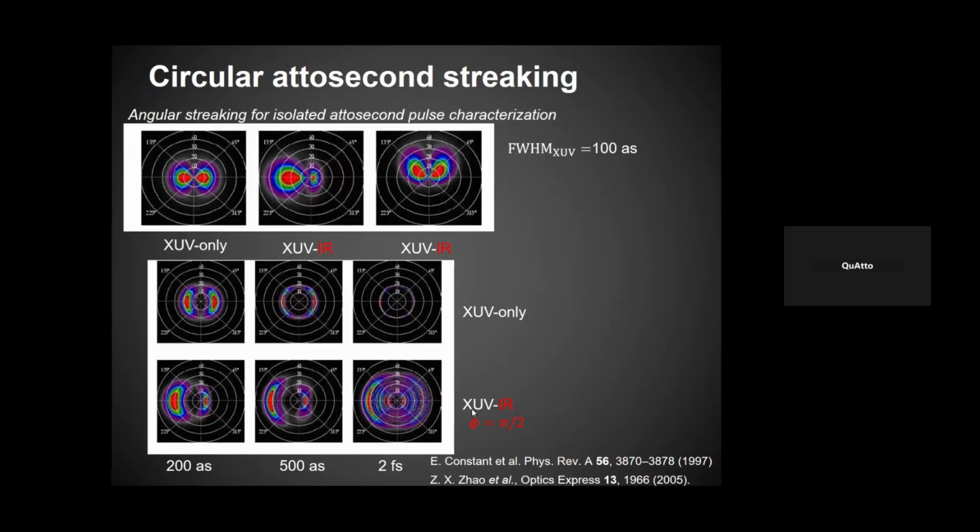Now, when you start adding the IR, you see that if you have an isolated attosecond pulse, you will still see these two lobes, right? They will start moving around, pushing in one direction, but you have these two lobes. If you have long pulses, no longer an isolated attosecond pulse but, for example, a few femtoseconds, you see that now you don't have just a lobe, but one main lobe and then some satellites on the other side. Why is this? Because you go from a condition where you have an isolated attosecond pulse to a condition where you start having sidebands.